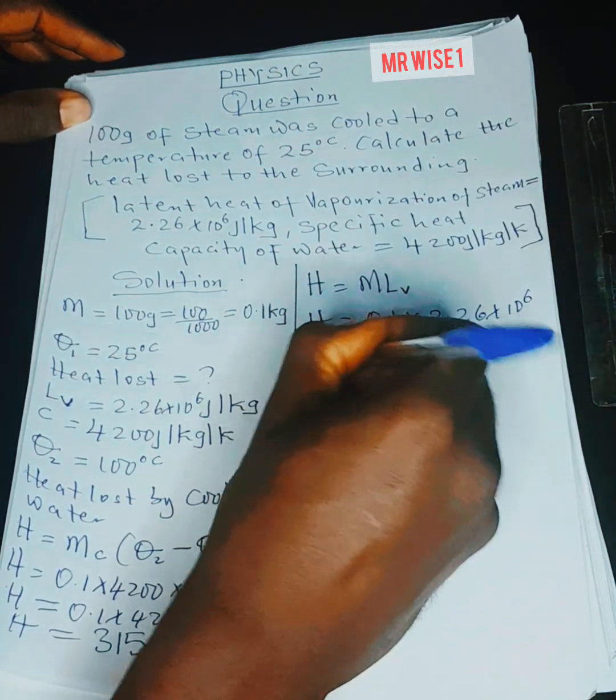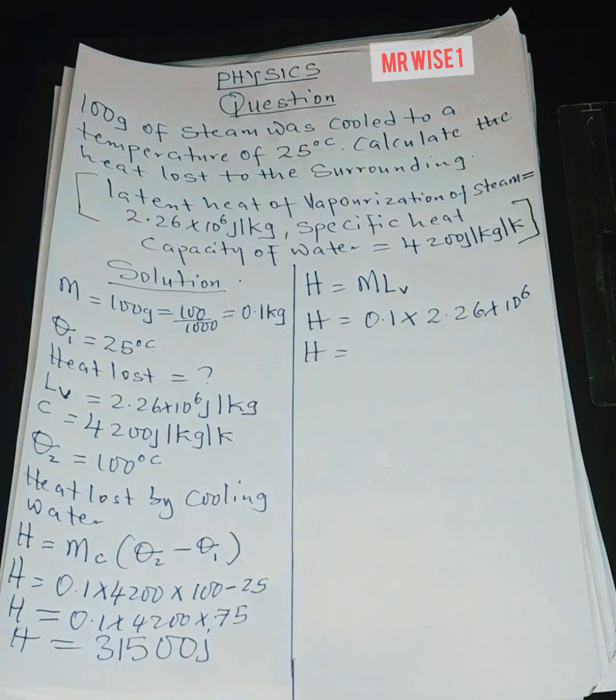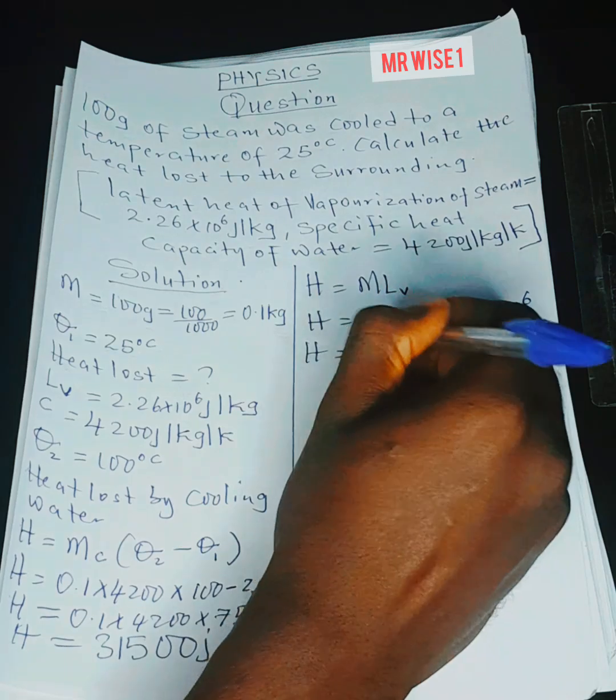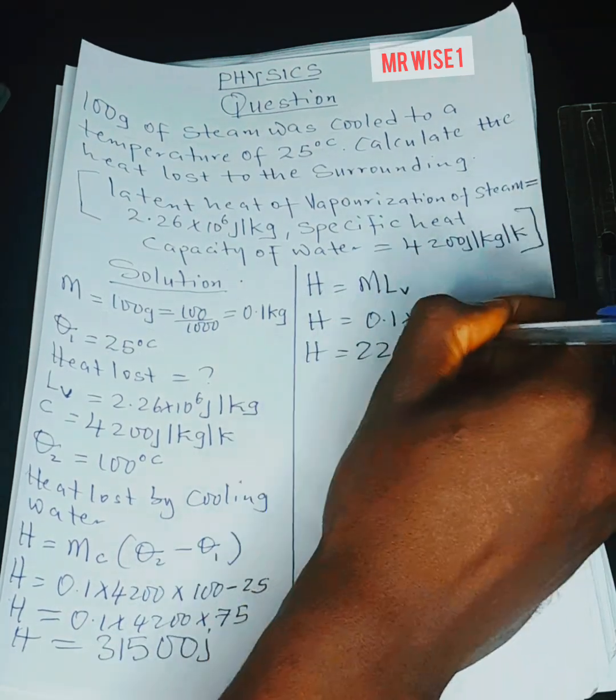So H is equal to 0.1 times 2.26 exponential 6. I'll have 226,000.